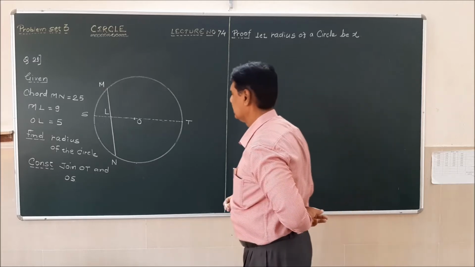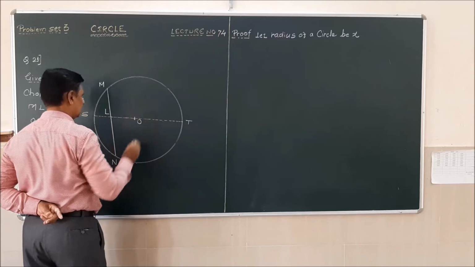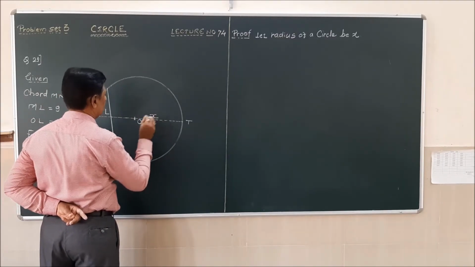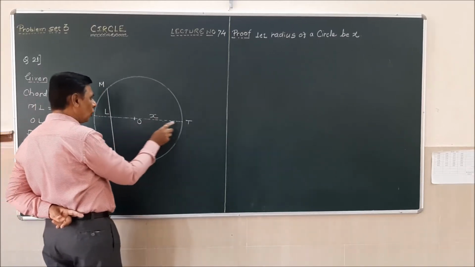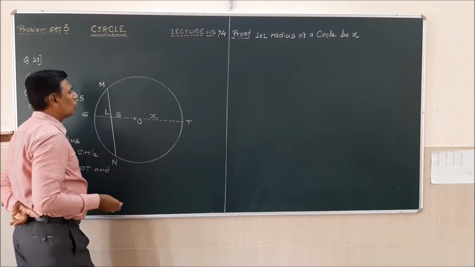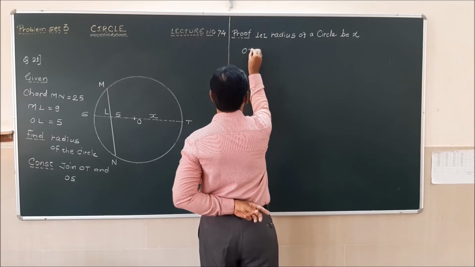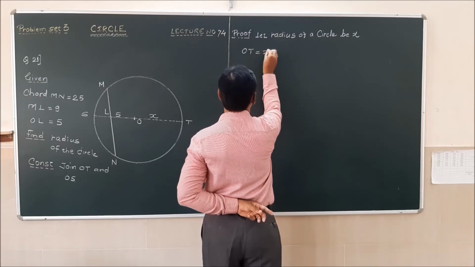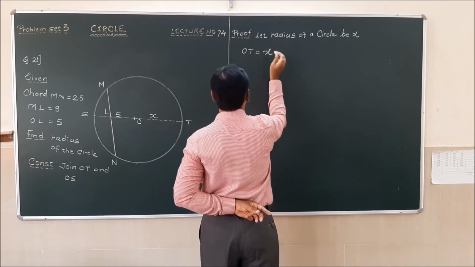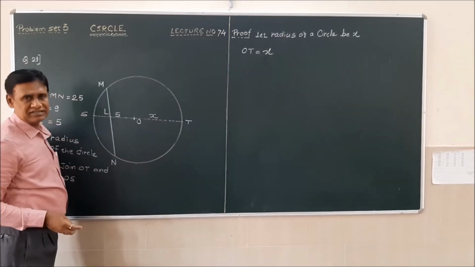I'm going to take the radius of the circle as x. So you will find OT is x. OT is the radius, that is x.